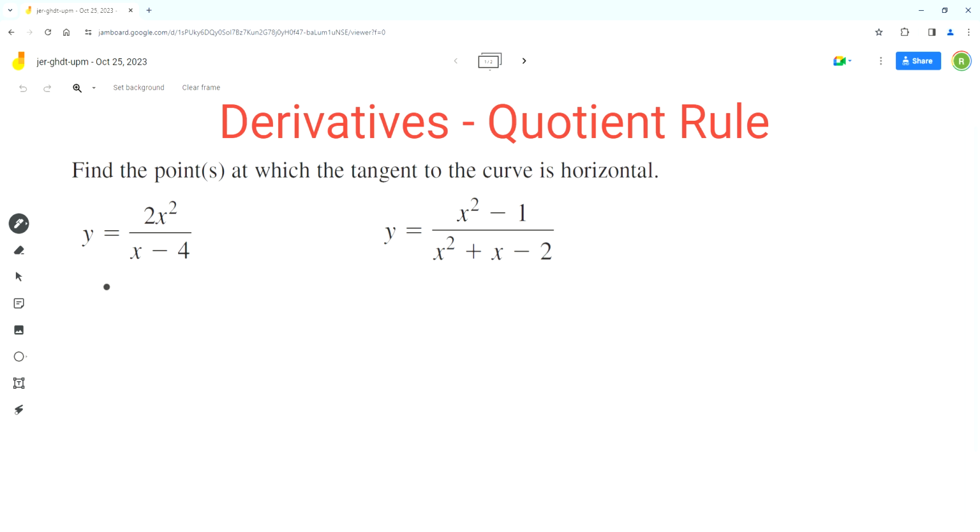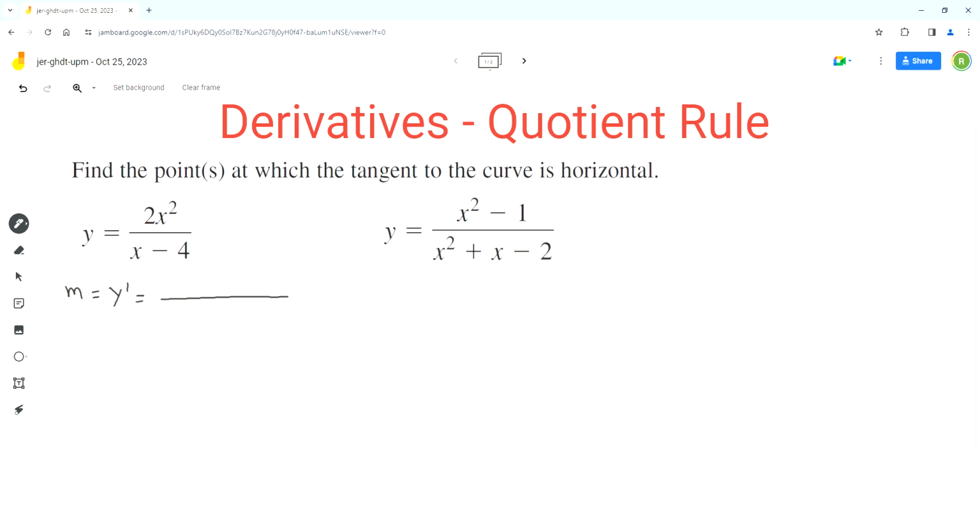So let's start with the function on the left side. Now this function is a rational function, so we can use the quotient rule to find its derivative. So m equals, which is the slope of the tangent, y prime, the derivative of this y function. Now we can use the quotient rule.